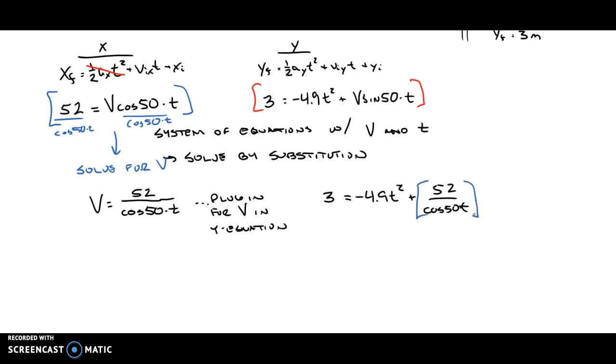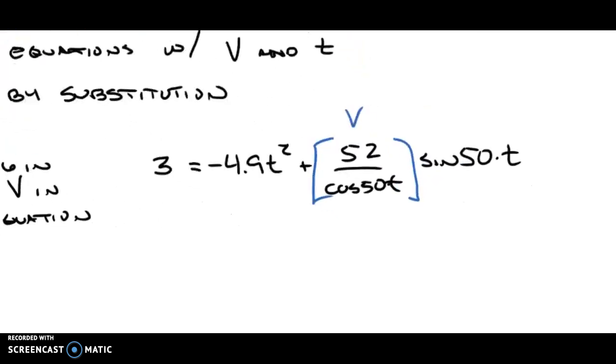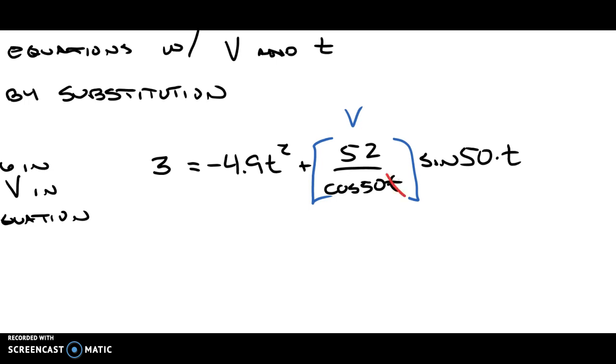That's what v is. And that's going to get multiplied by sine 50, keep that in black, times t. And now I have one equation with only the variable t in it. And if you notice, right away I see that the t here cancels.